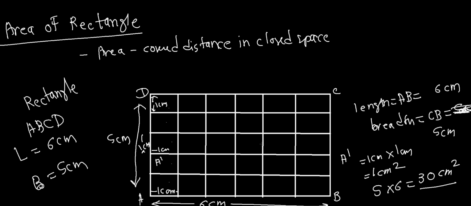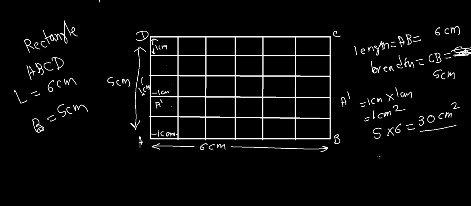So in all there are 30 squares, making it a total rectangle area of 30 centimeter square. If you got that, we have manually drawn the lines, counted the squares, and eventually found the area of the rectangle. So we can do the same experiment with a different length and breadth of a rectangle.